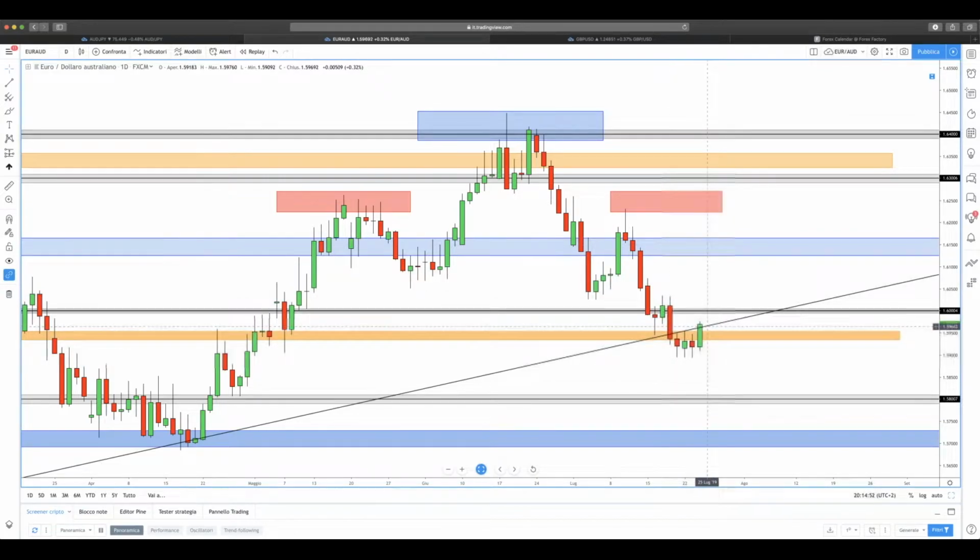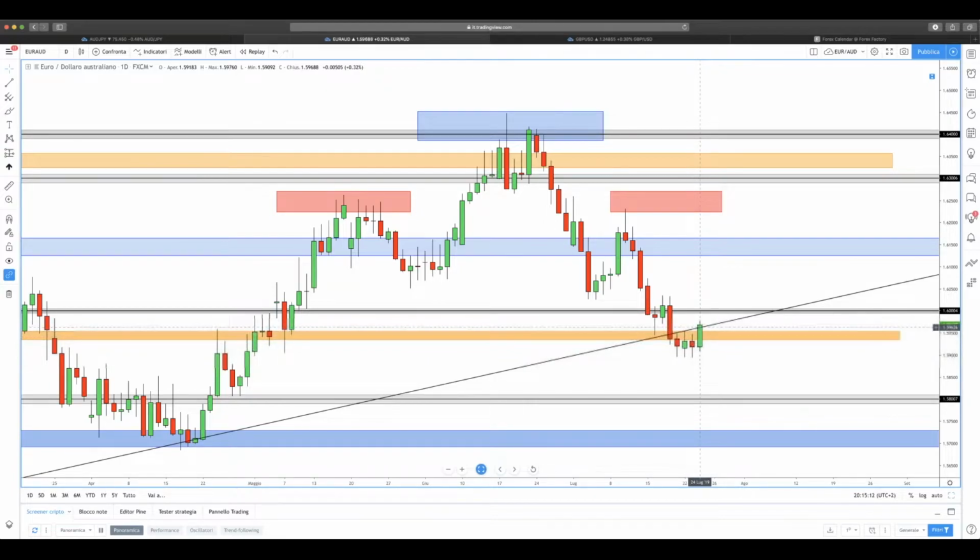But if the price fails to go higher and closes the daily candle below this level, obviously we have to carefully watch the price action on the weekly time frame, to understand if the price will confirm this comeback or come back below this area.